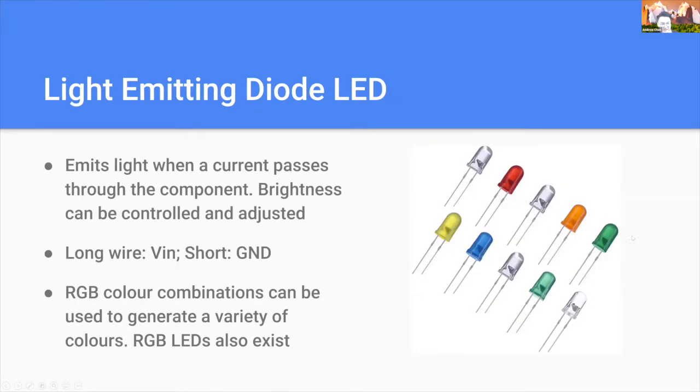Right, next I want to talk about LED diodes. These you could have seen in the first example of the 3 project examples I showed you at the beginning. So these emit light when a current passes through the component, and the brightness can be controlled and adjusted based on the current. Right, so you can see here there is a long wire and a short wire coming out of the LED diode.